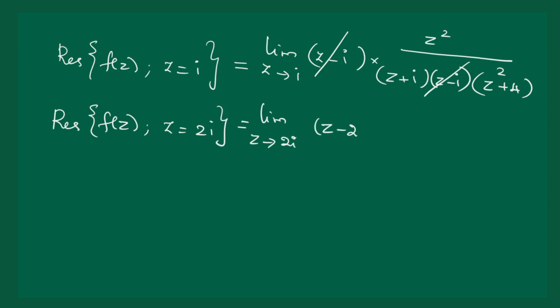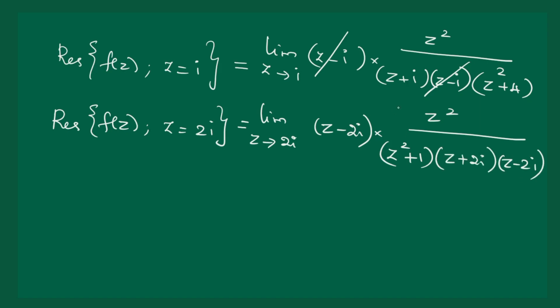Here z minus 2I. Again, z square by z square plus 1, but here we factorize it as z plus 2I and z minus 2I because we need to cancel this term. Clear? Now what will be the answer here? Let it be R1, let it be R2.